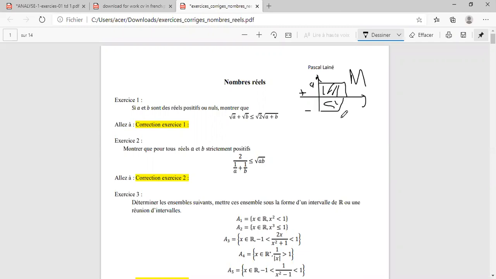If the highest point is B, this is your minorant. So for us to define what majorant is and what minorant is, we have definitions that have been given in the book. Majorant: we're looking at every object that is here.